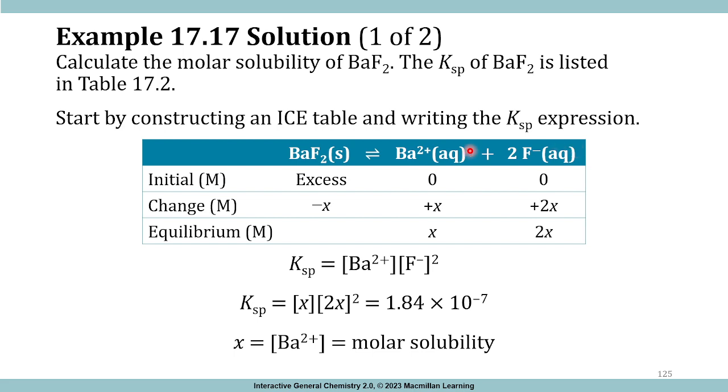But there's no reason this had to be a monoatomic, right? This very easily could have been nitrate, okay? Okay, and so we go ahead and have this broken apart. We start with 0 here, plus x gives us x. Is everybody clear on this? Does anybody have any questions on how to set up ICE tables at this point?